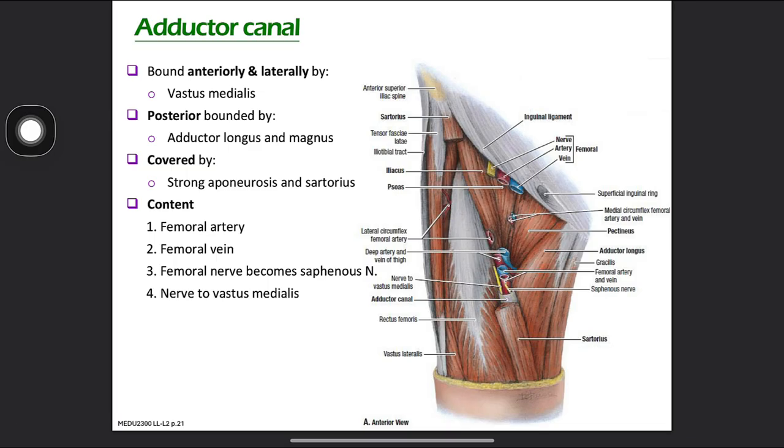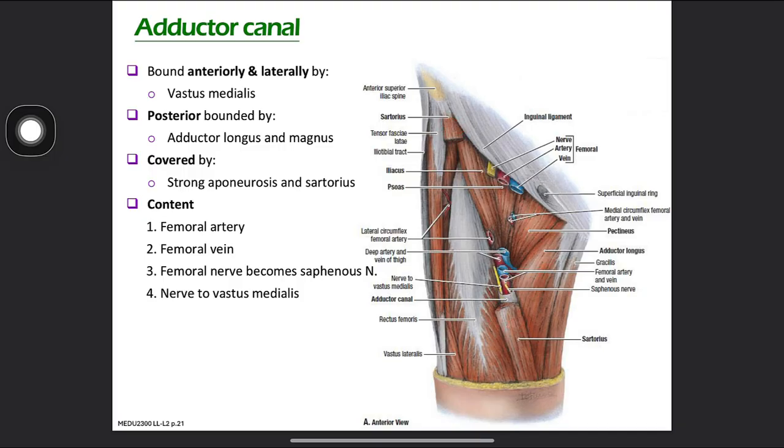Anteriorly and laterally, you find the muscle vastus medialis, and posteriorly, it is formed by the adductor longus and magnus. It is covered by a strong, broad aponeurosis, and also covered by the sartorius.